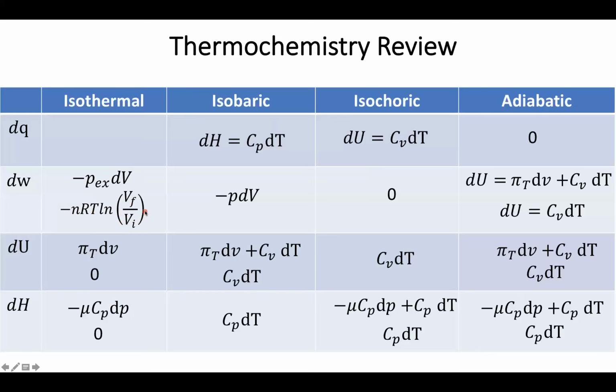However, this is a fair number of limitations, so we don't always get there, but you can also still imagine this as the minimum amount of work required for a compression, or the maximum you can get out of an expansion.